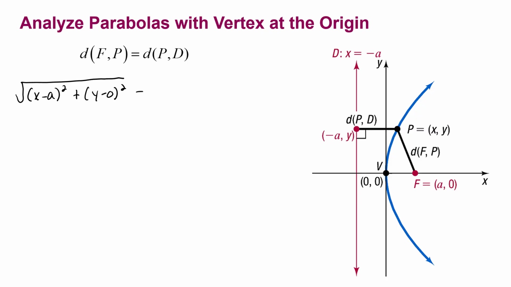Now the distance must equal the distance from P to D. Now note that the distance from P to D is a horizontal distance, thus the distance is the absolute value of the quantity x minus negative a.